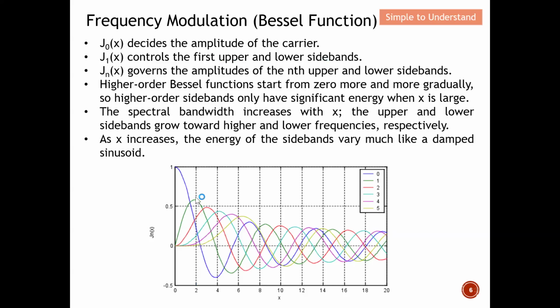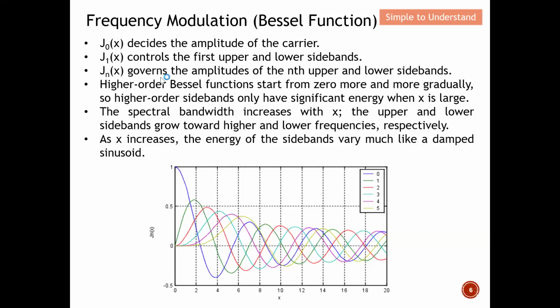So from here, you can see that the first one, in green, will be the one that controls the first upper and lower sideband. And JnX governs the amplitude of the nth upper and lower sideband. Let's say at n equals 3, you can see that this number 2 will be the one that controls. And when n equals 4, over here, you can see that the number 3 one is the one that controls. So this is the meaning here. The JnX governs the amplitude of the nth upper and lower sideband.